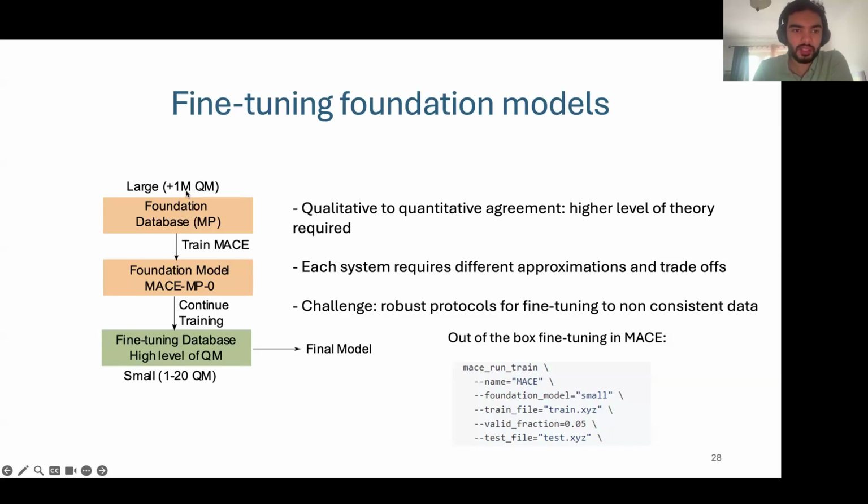And because obviously you need a large database, you cannot get large and accurate ones. So basically, you just compute a fine-tuning set on your system of a few high-accuracy quantum points, and then you just fine-tune, and you can right now fine-tune out of the box in MACE using this command line, and I will show how to do that in the tutorial a few minutes later.